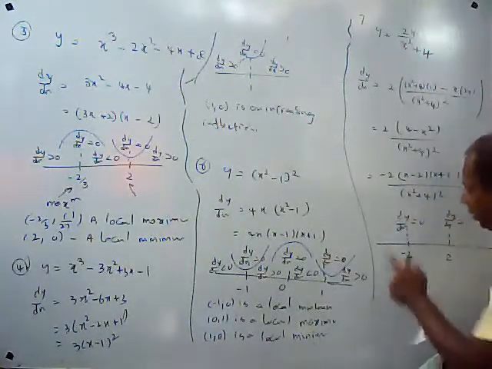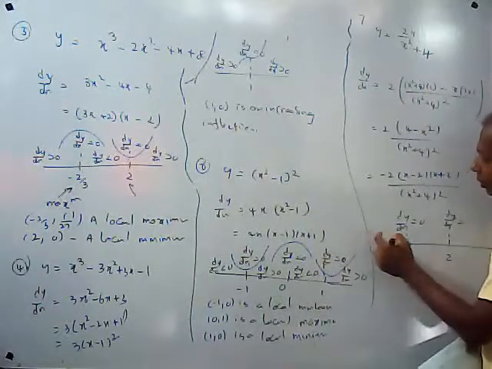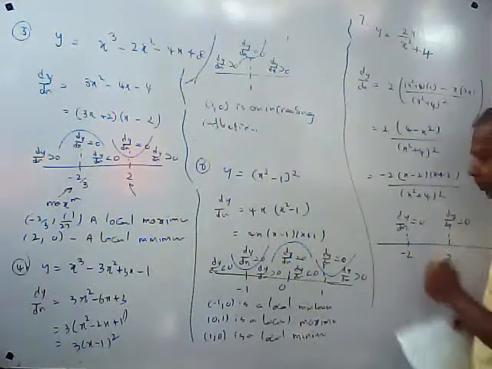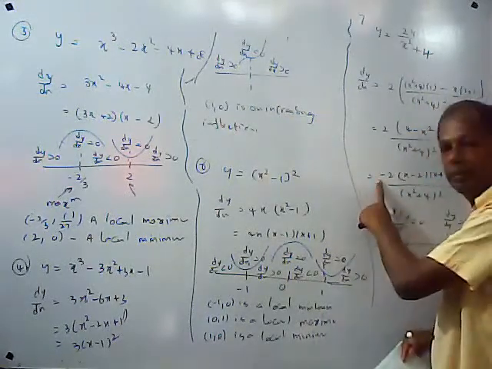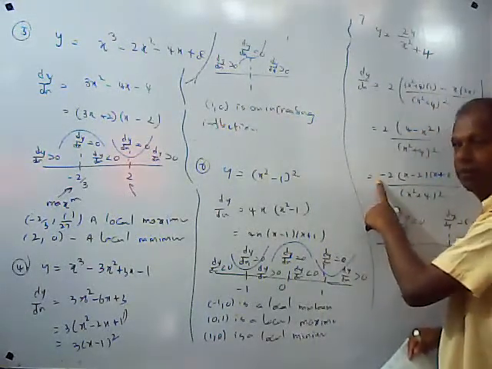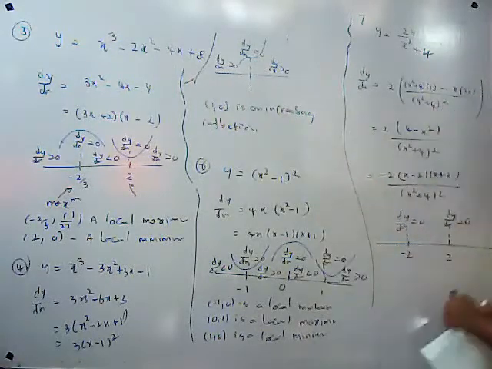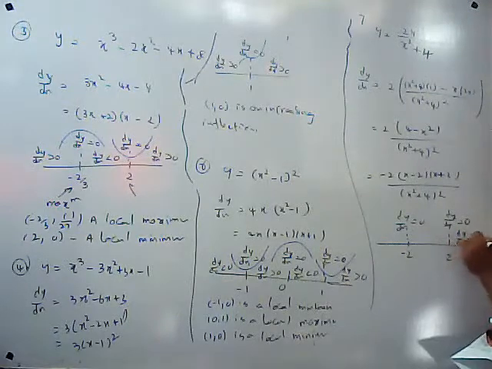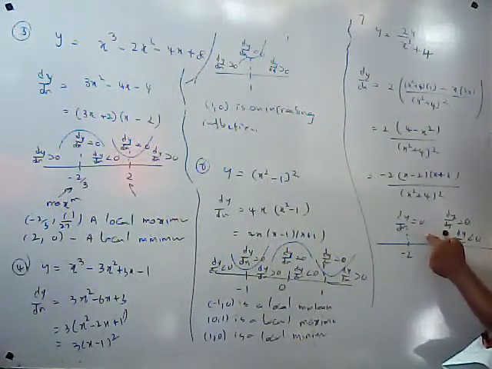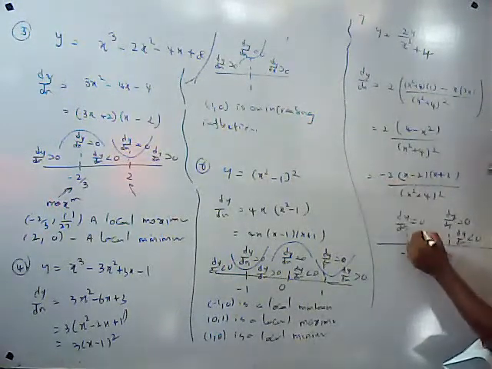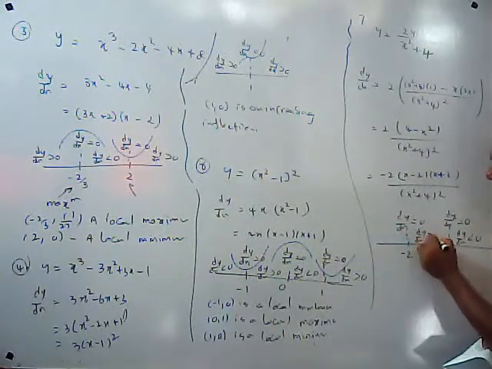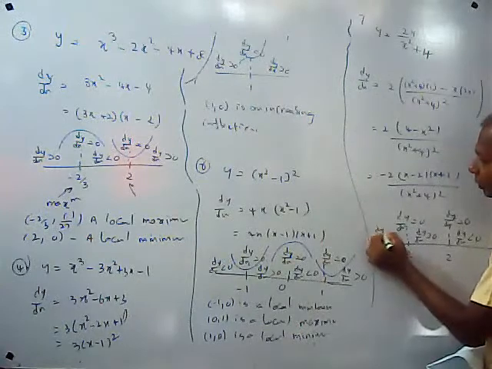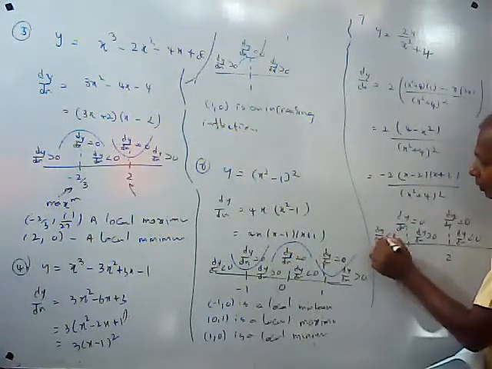Usually the sign on the right is positive, but there is a minus 1 outside, therefore it turns to the opposite sign. So dy by dx is less than 0 on the right. Here usually negative, but with this minus it turns plus. Here usually positive, with this minus it turns minus.